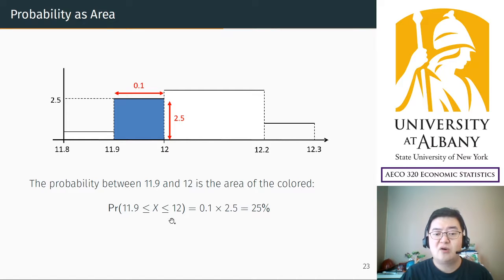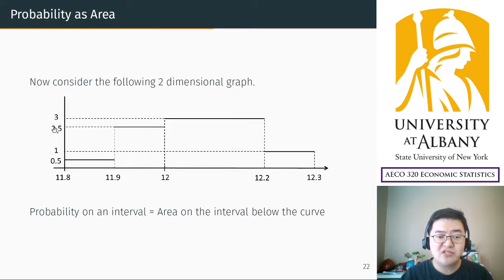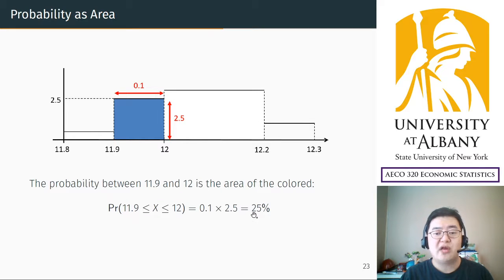So this is how we do it. The probability between 11.9 and 12 is the area of the shaded, the colored blue area. And the blue area is a rectangle, so easy to calculate. The width is 0.1 and the height is 2.5. Remember, you have to use these numbers when you calculate the height. So the answer is 25%. 25% lies within 11.9 and 12.